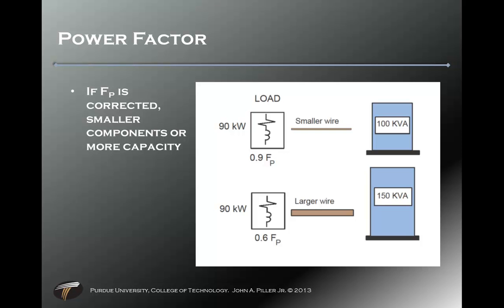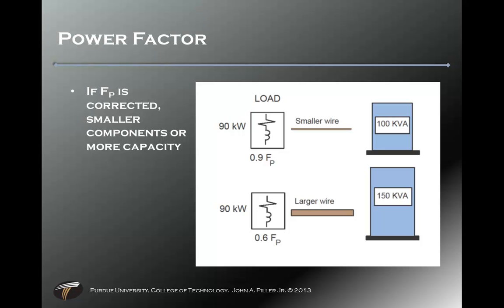But here's something to think about. A 90 kW load. If we have a power factor of 0.9, we end up needing a transformer of 100 kVA. If you have a 90 kW load with a power factor of 0.6, you end up needing to buy a transformer 1.5 times the size of the one for the 0.9 power factor, which means you have increased wire size because you have increased current.